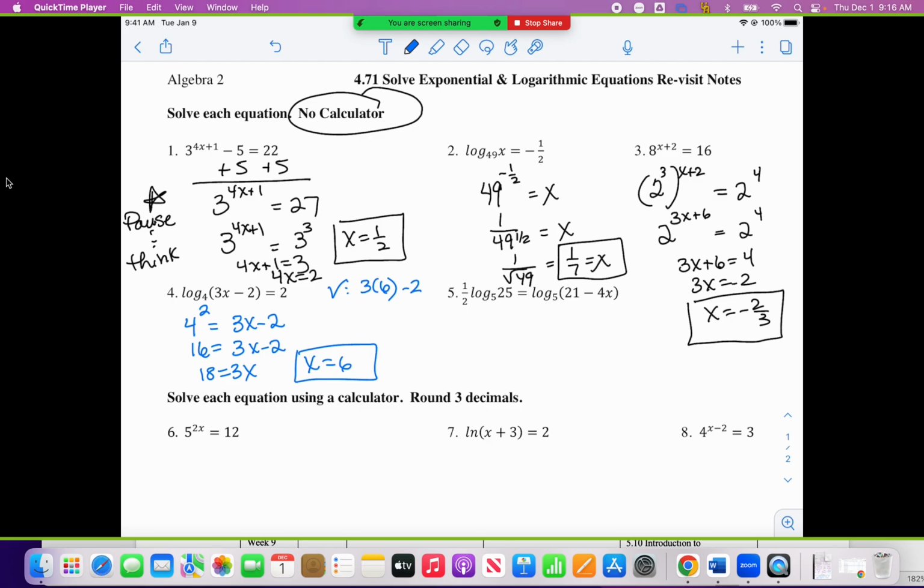What is log base 5 of 25? That's a number, right? That's 2. Okay? We need to have our thinking caps on. Log base 5 of 25 is the number 2. So I have 1/2 times 2 equals log base 5, 21 minus 4x.